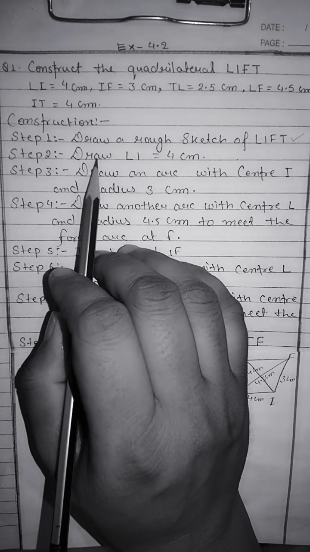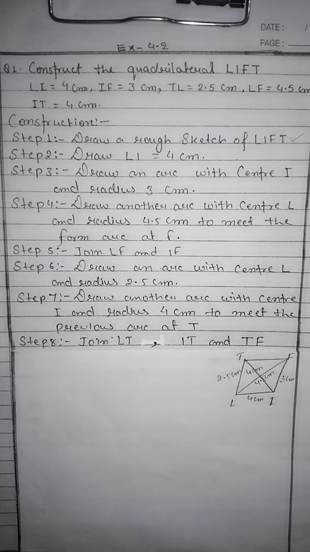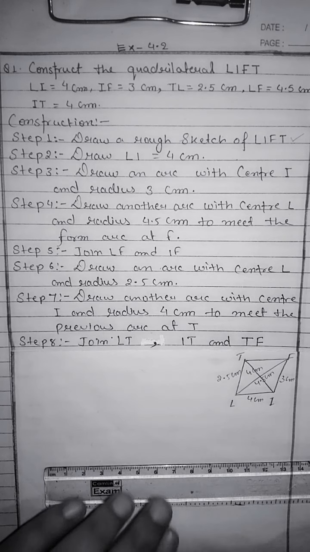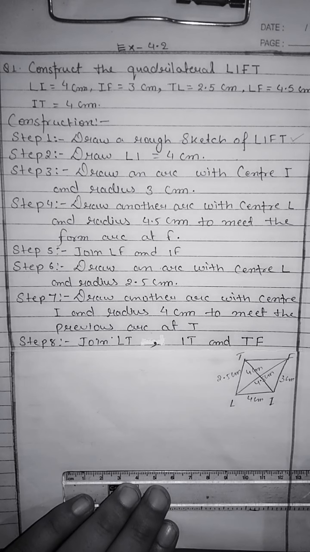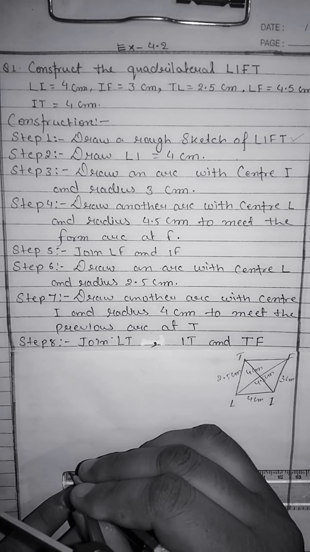Step number 2 is draw LI equal to 4 centimeter. So first take the ruler and draw a line segment of measurement 4 centimeter.